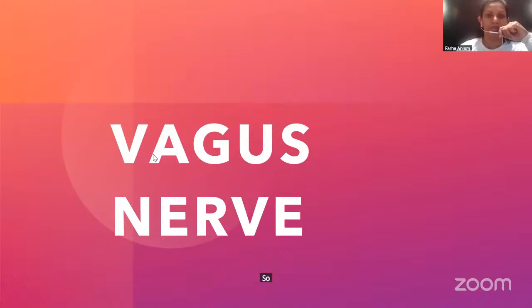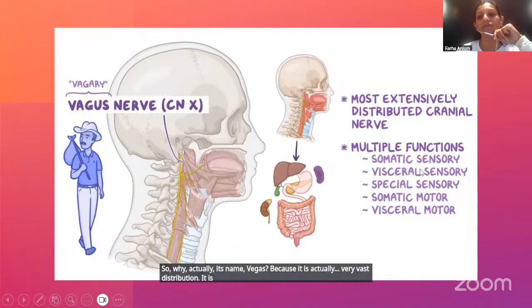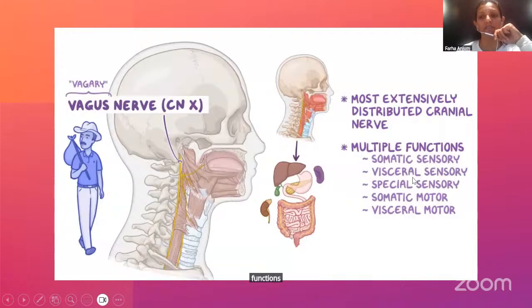So the 10th nerve is the vagus nerve. Why is it actually named vagus? Because it has a very vast distribution. It is the 10th nerve and it has multiple functions: somatic sensory, visceral sensory, special sensory, somatic motor, and visceral motor.